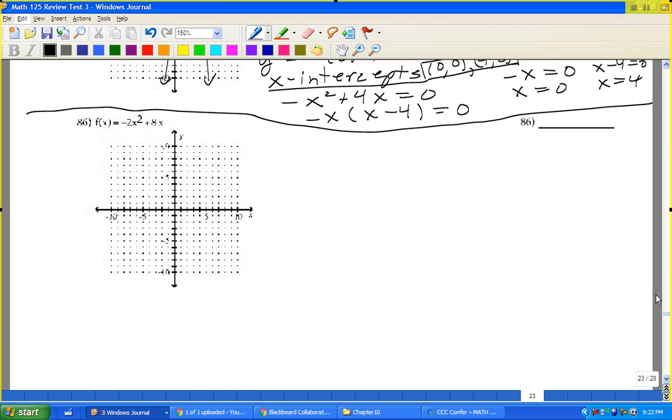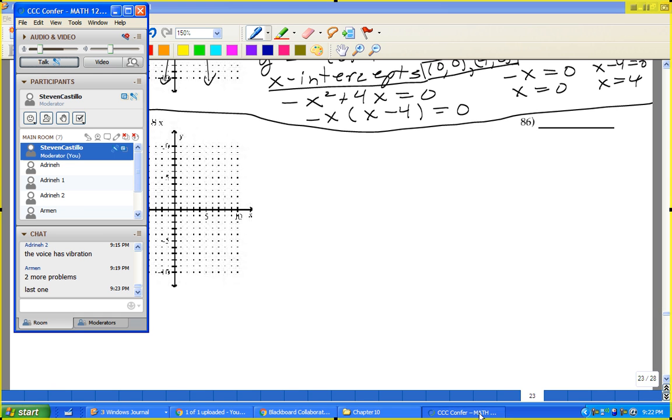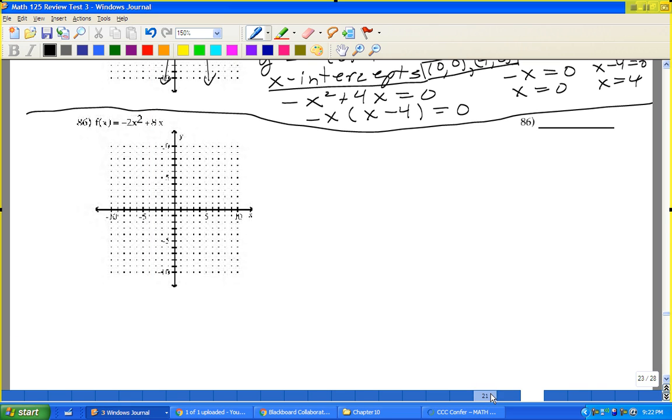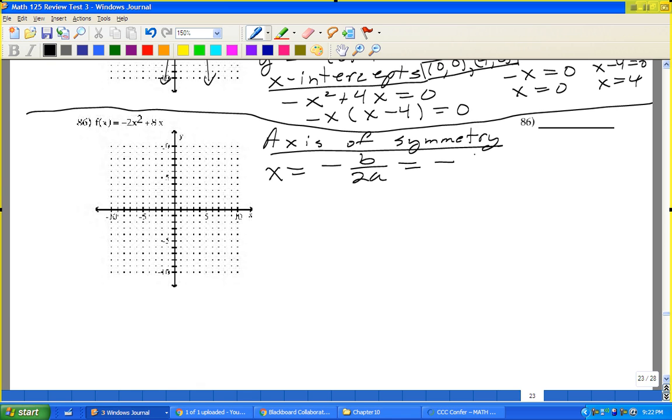Problem number 86. And so let's try to find the vertex. And so let's do the axis of symmetry. So x equals negative b over 2a. So negative 8 over 2 times negative 2.